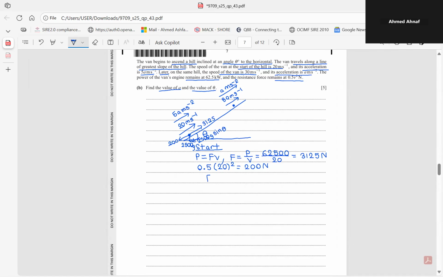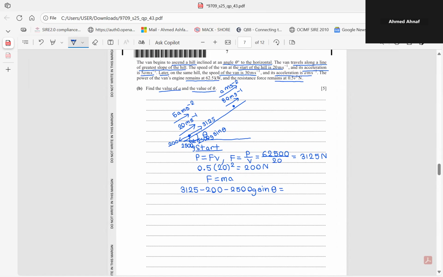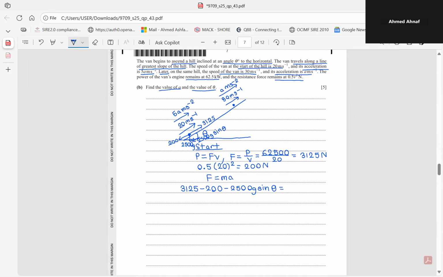So now we'll use our F equals MA. So F is the resultant force, so it will be 3,125 minus 200 minus 2,500 G sine theta. And that's equal to MA. So M is mass. So mass is 2,500 and acceleration is 5.